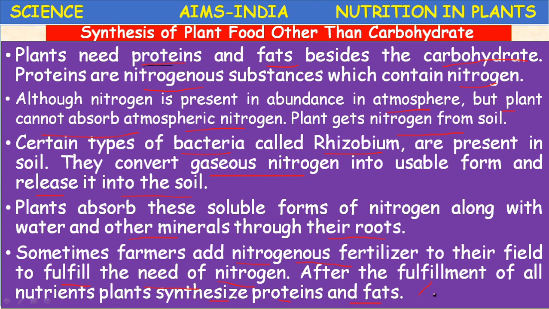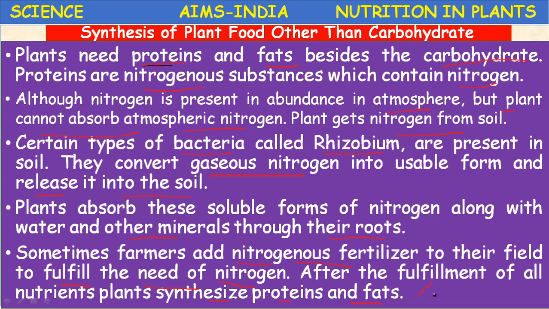So how are they produced in the plants? They are absorbed from the roots, from the soil. After absorption they help in the formation of what is present in the fats and proteins.